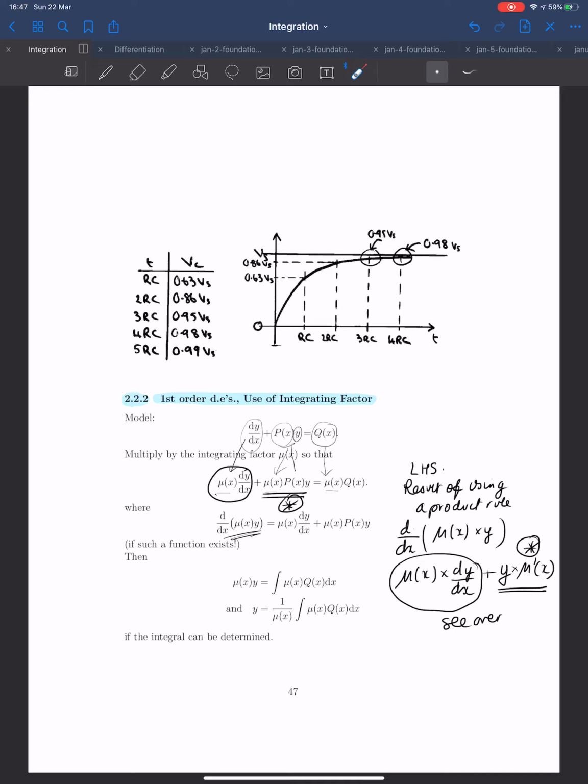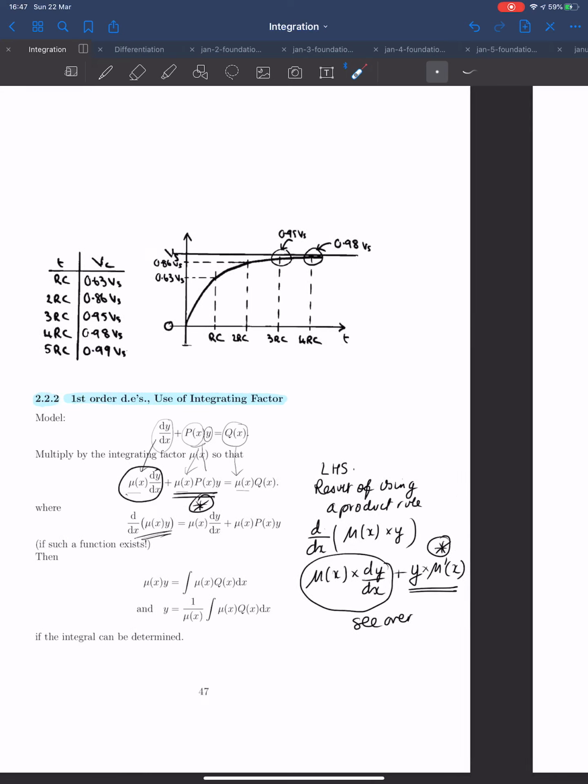This is d by dx of the multiplying factor times y. So multiplying factor times y is the integral of this one here. Okay, and then y is 1 over mu x times the integral of the right hand side. But we need to find the mu.